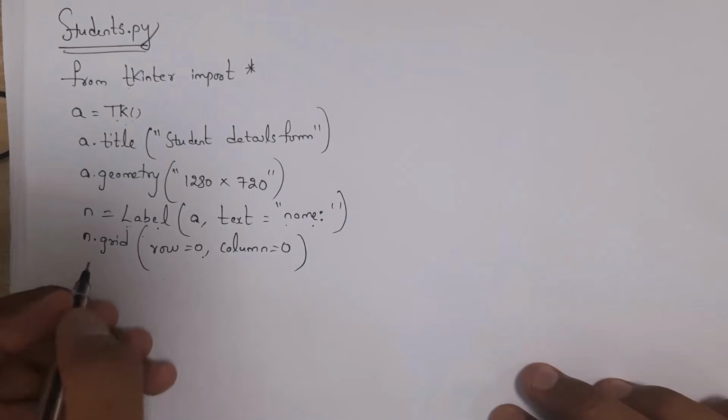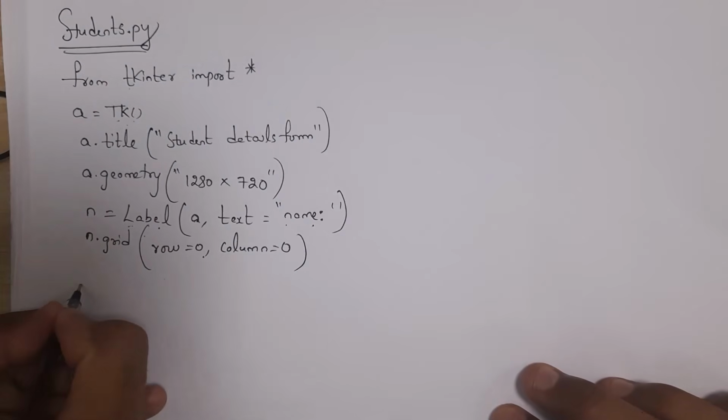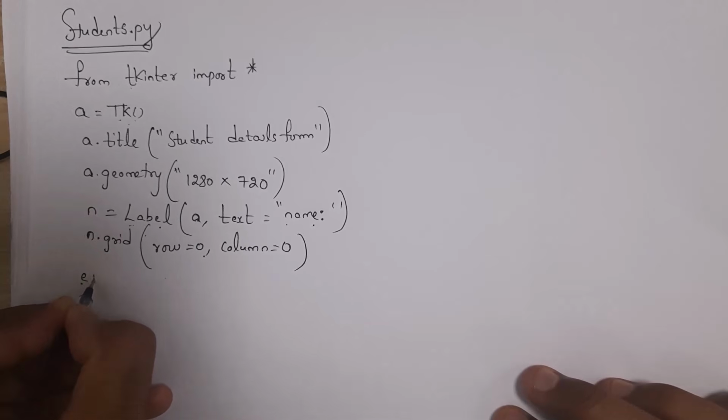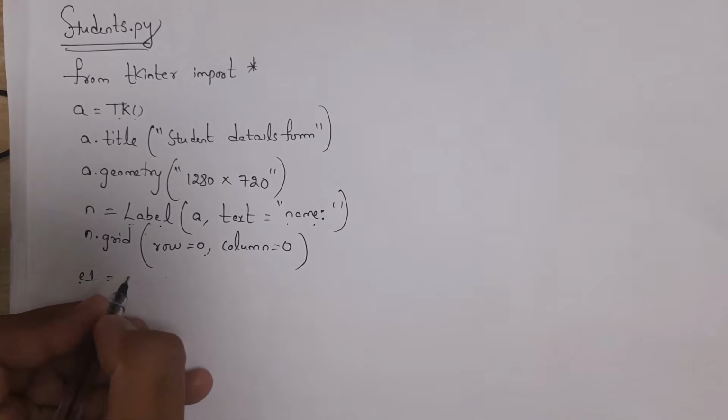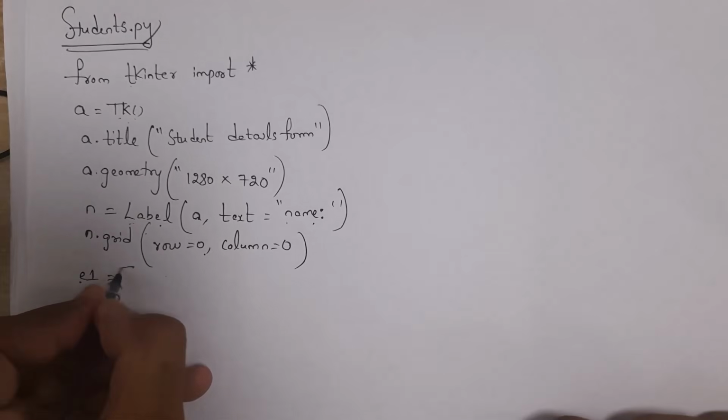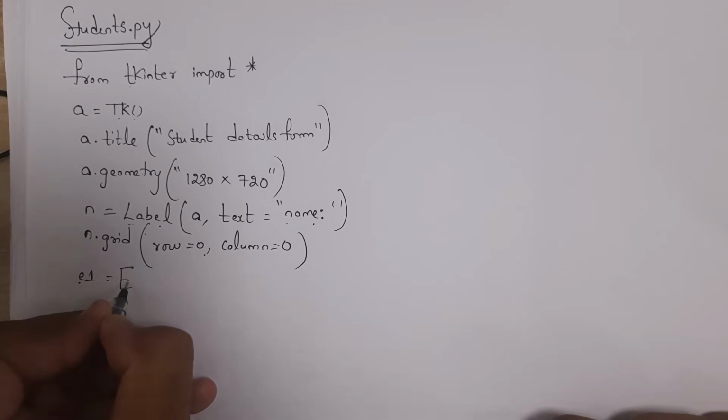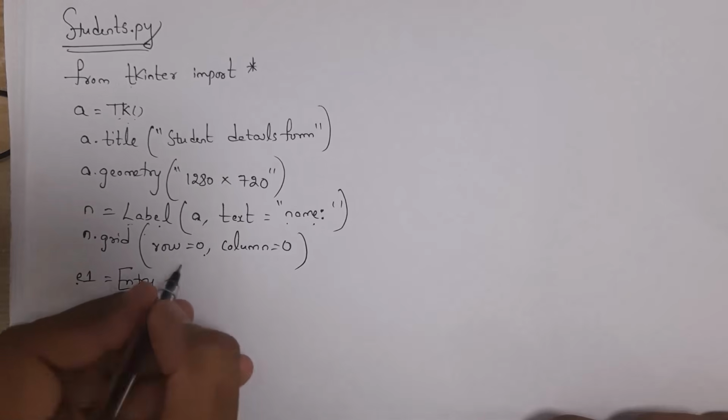So just write here, I want to create one entry box. You can take any variable name. So I am taking the variable name as e1 equal to. In order to create an entry box, you need to use the Entry method. And for the Entry method, E is a capital letter. So just write here Entry.